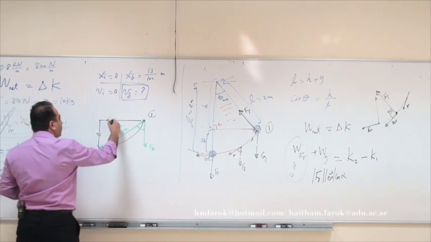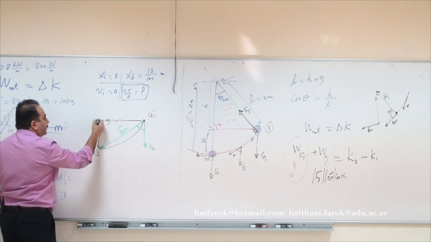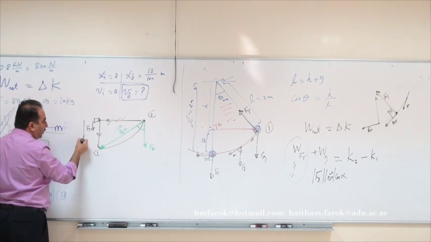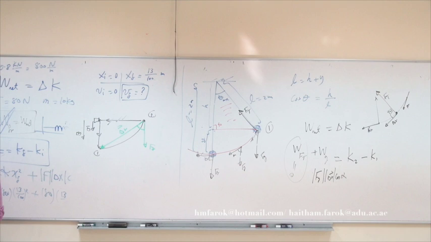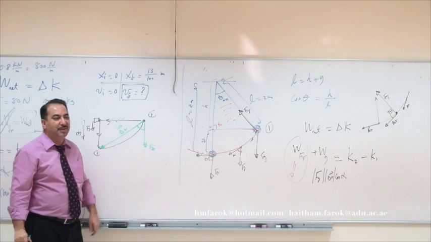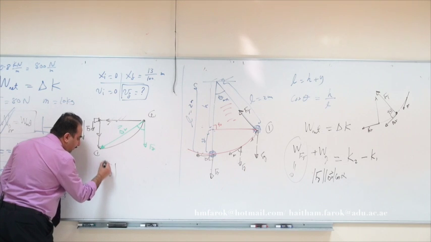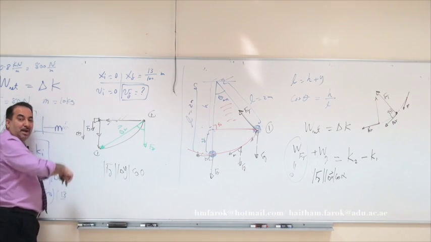So this is not counted. What is counted? Down. So now the block is here. Fg is down, delta y is down. What's the angle between them? 0. So how much is the work of gravity? You say Fg delta y cosine 0 when you're going down.